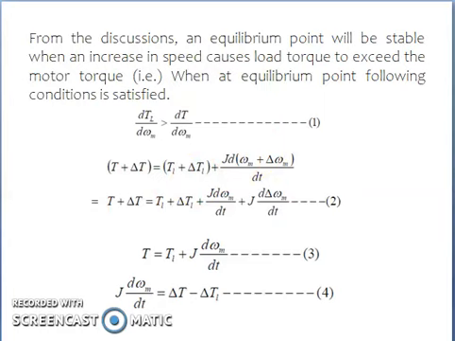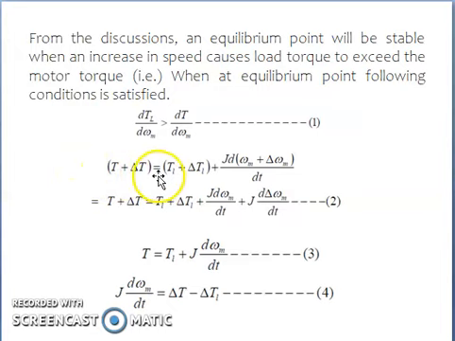Equation 1 can be derived by an alternative approach. Say a small change in speed, delta omega m, results in delta T and delta TL, which are the small changes in T and TL respectively. So we can write an equation modifying the previous one.